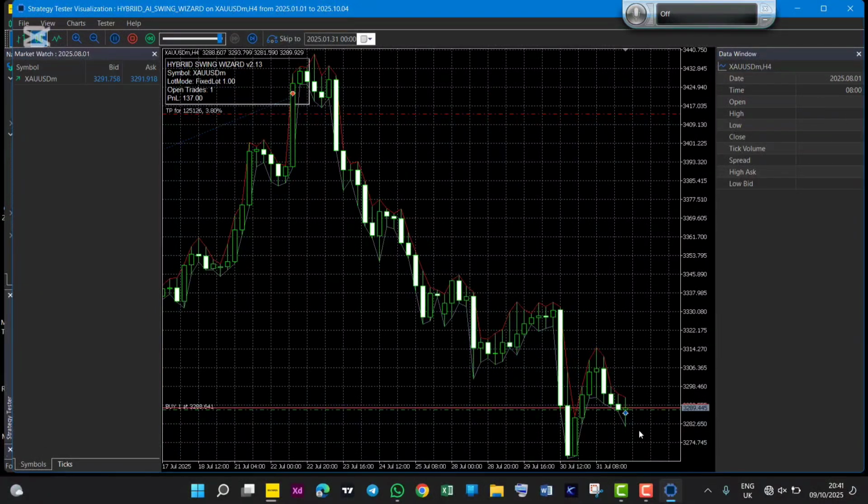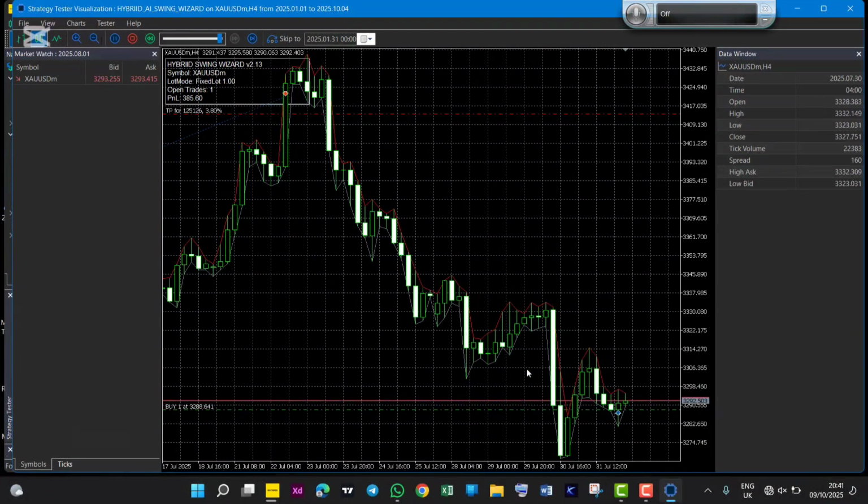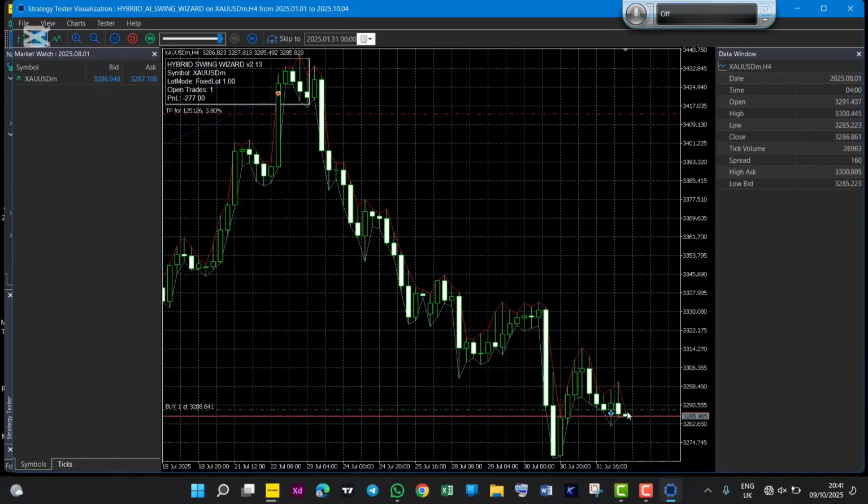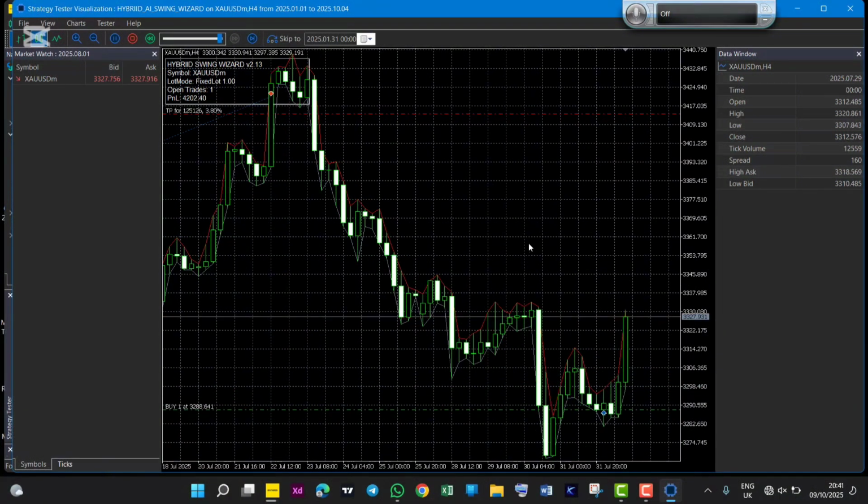We got another entry again. After price got to this point here, got another entry here. So let's see if this one is gonna be a successful entry.